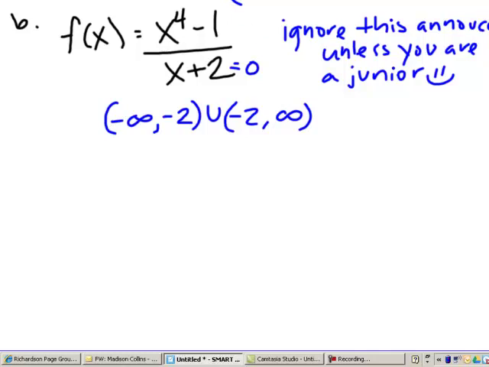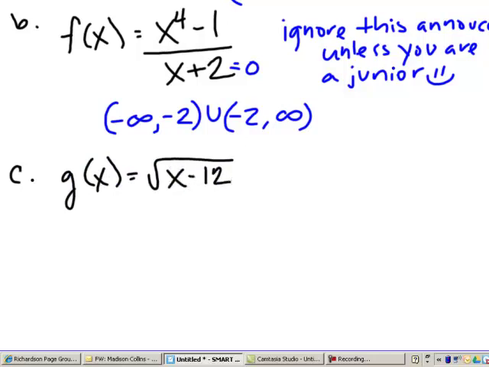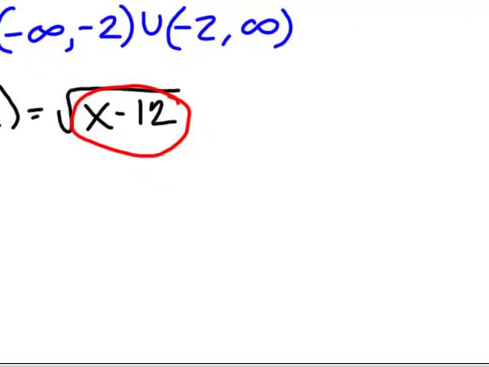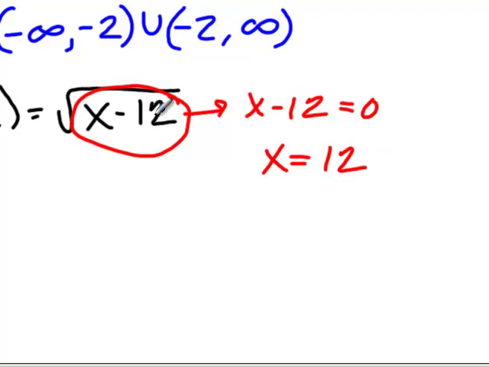Okay, next equation we will get is something like g of x equals the square root of x minus 12. All you do with these problems is take whatever's underneath the square root and set that greater than or equal to 0, and solve for x.